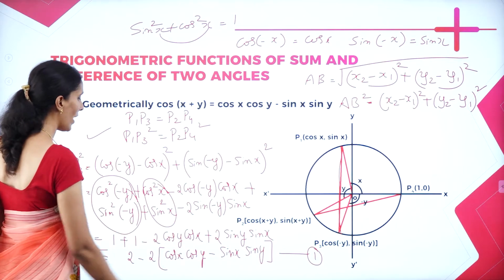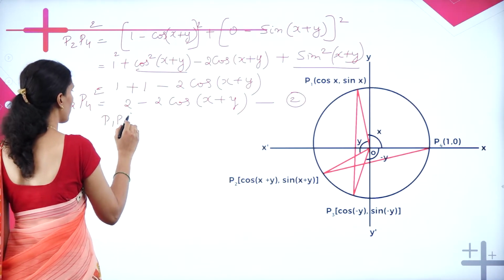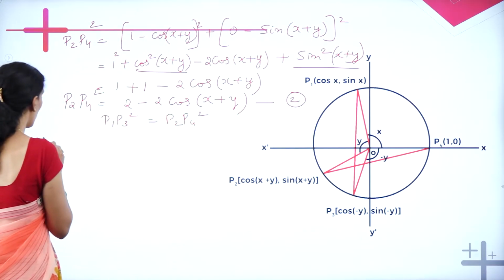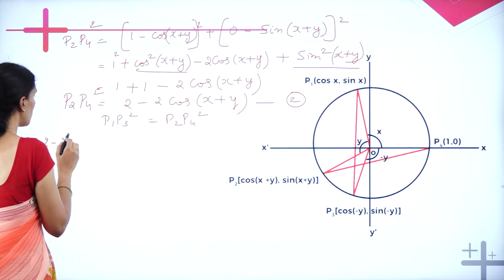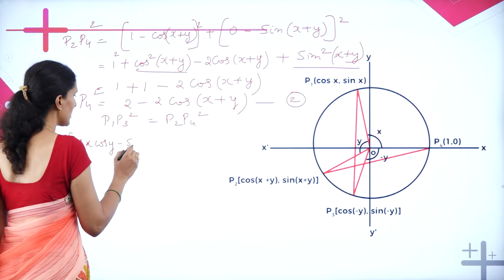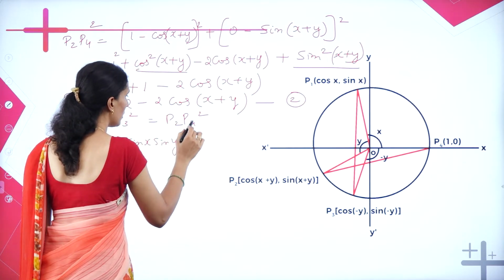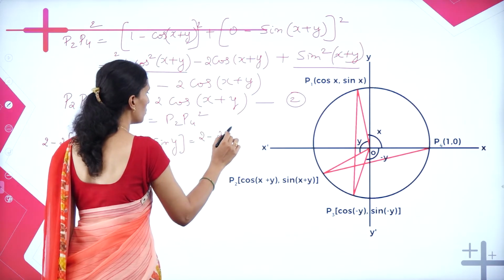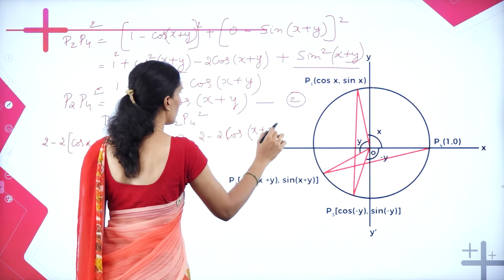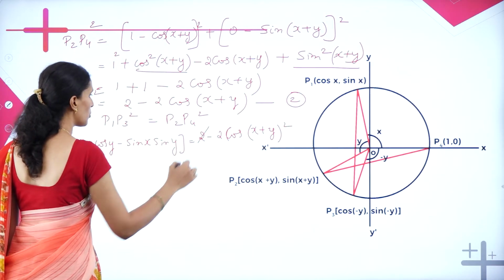We can equate 1 and 2. What will we get? P1P3 whole square is equal to P2P4 whole square. So this we got 2 minus 2 (cos x cos y minus sin x sin y). Here we got 2 minus 2 cos of (x plus y). So on both sides you can cancel 2.